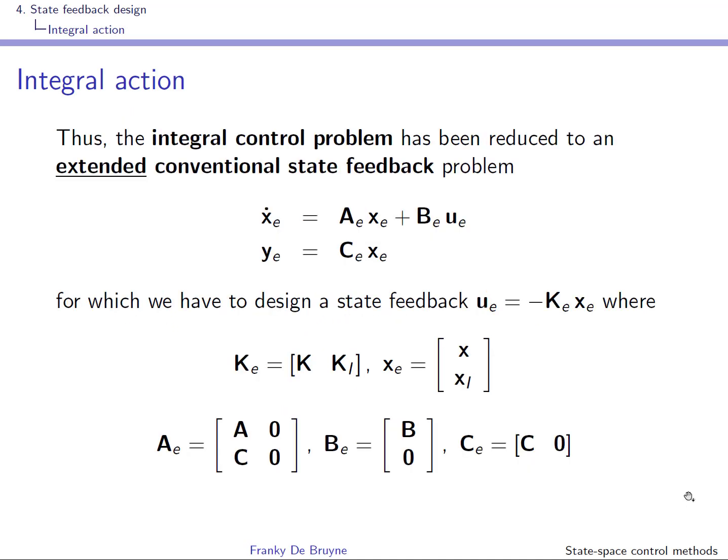In summary, integral action can be easily implemented using the following extended system with the matrices defined as follows. So you design a state feedback for this extended system using either pole placement or LQR, and you then have to split the state into original state X and the one that is coming from the integral action, right? And K is split likewise.